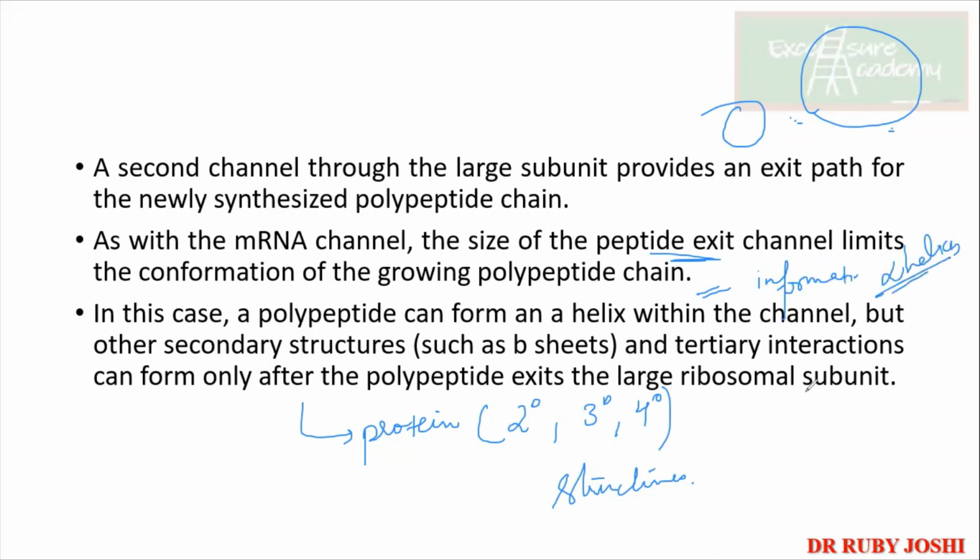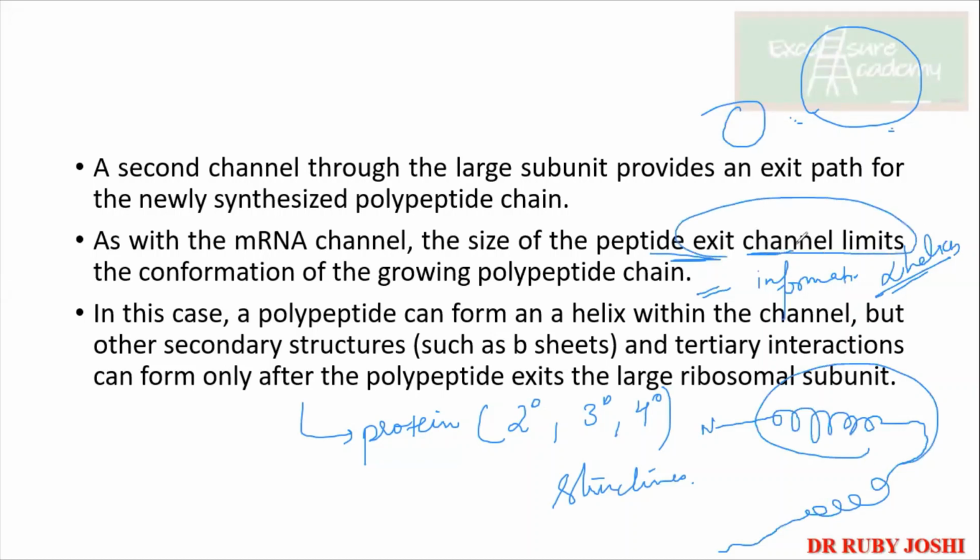So those polypeptide chain like N terminal है आपका, alpha helices ऐसे से form हो सकता है, and then you can have normal ऐसे structures. So these structures can form, and to allow proper exit of these structures, the exit channel for the polypeptide chain is wider as compared to your mRNA channel. ठीक है, whereas the other secondary structures like beta sheets हो गया, tertiary structures हो गए, ये सब आपका बाद में हो सकता है once it is released into the cytoplasm.